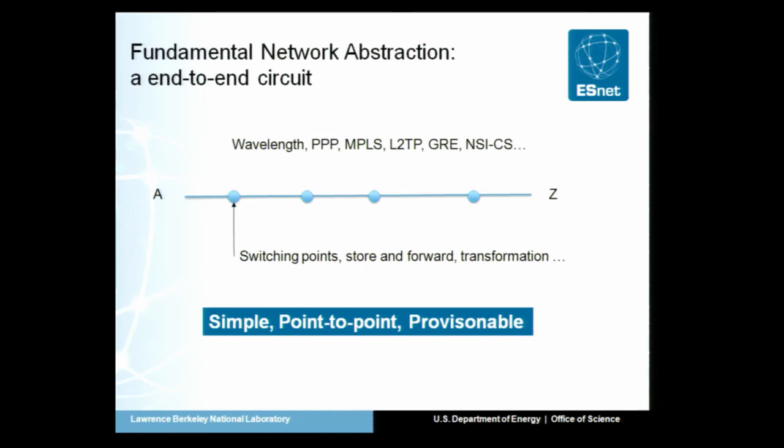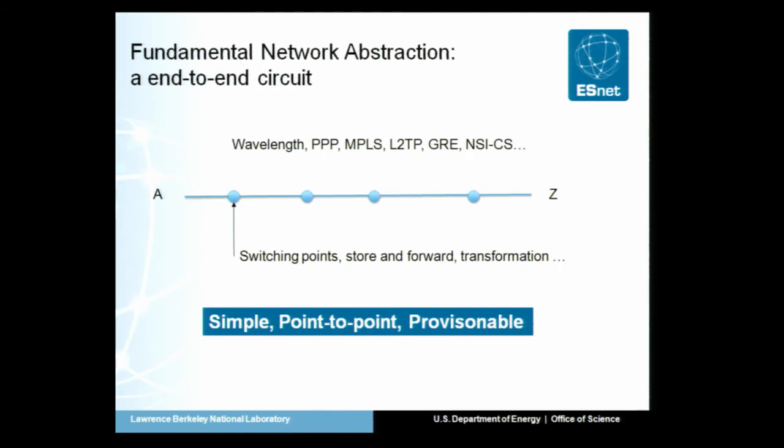Now, A and Z are not directly connected, even though they give a vision of a wire. There are many switching points, store and forward, transformation of packets, VLAN translations, all going on, but it gives a seamless point-to-point and simple abstraction, and that has been very valuable for this community.